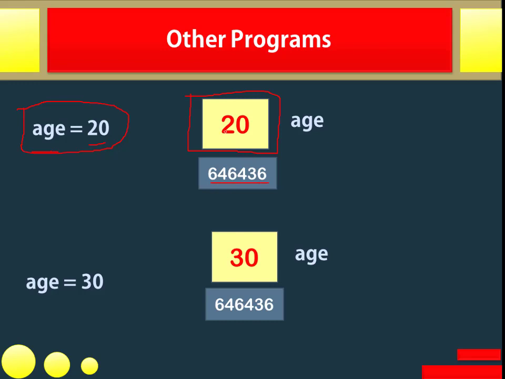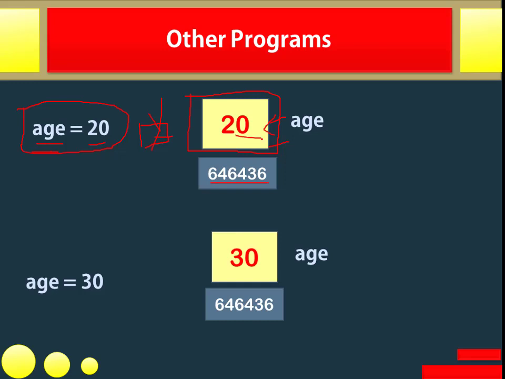There is no label here. When I say age, it's the name of the memory location only. There is no label like we have seen in Python. It's the name of the memory location only, and 20 is stored there.